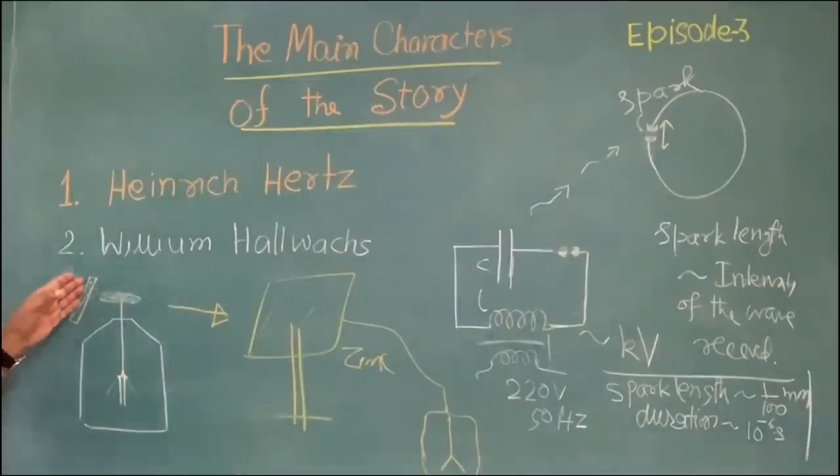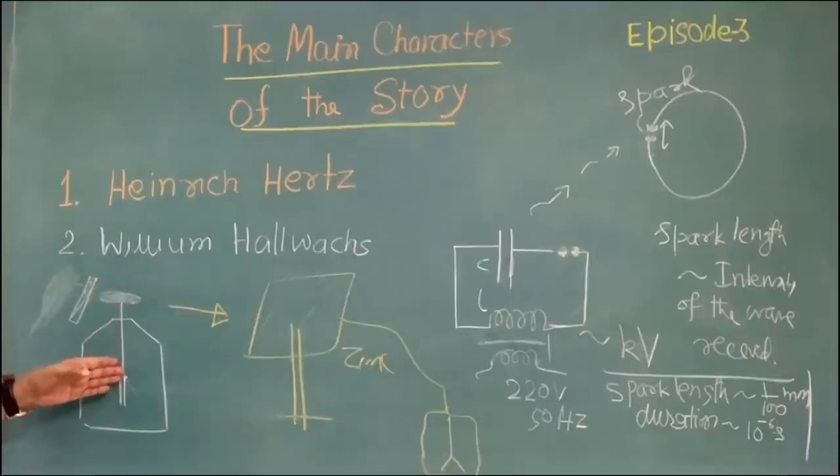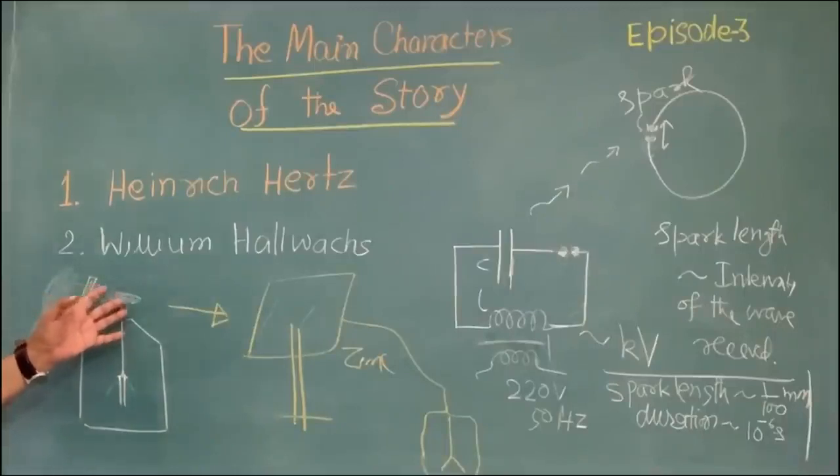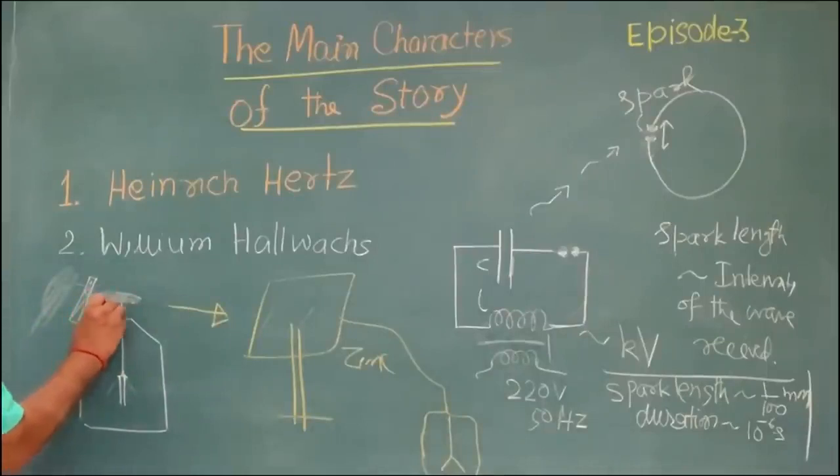Because of this positive charge you have an electric field, and in the metal you cannot have an electric field, and therefore the field will exert forces on the free electrons and there will be a redistribution. The redistribution will be such that negative charges will appear on this side and positive charge will appear on this side. There will be charges on this rod also.